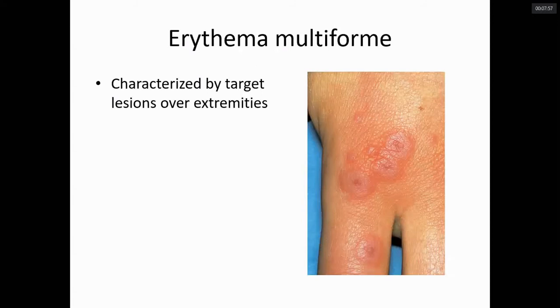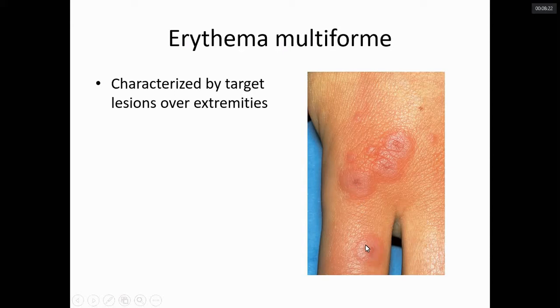Now this is erythema multiforme. Erythema multiforme is characterized by target lesions over the extremities. Now you should know what a target lesion is. In a target lesion, there are three well-defined zones. As you can see, there is a central region of dusky red erythema, with a vesicle also in some.